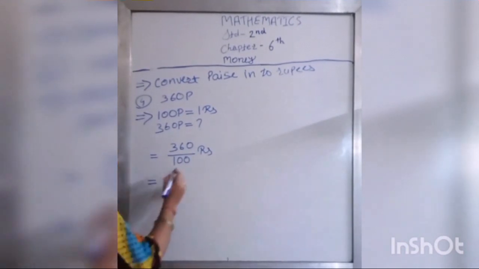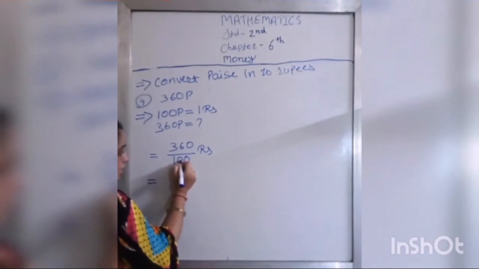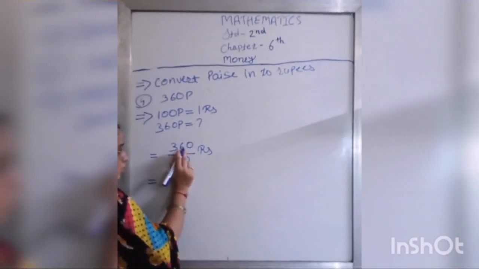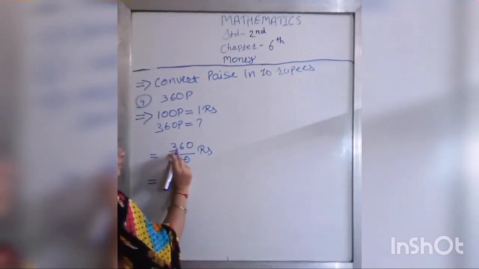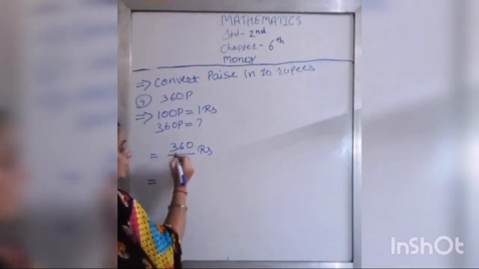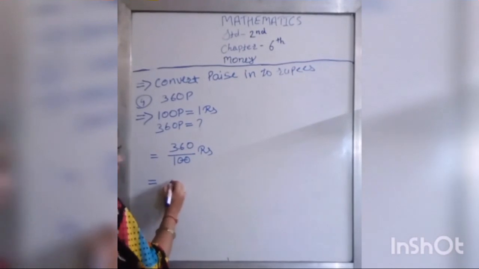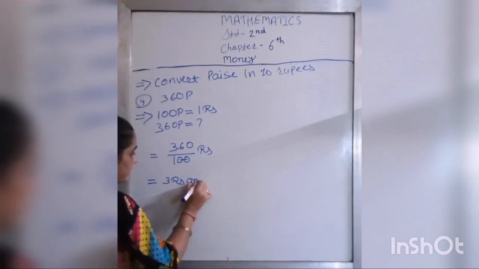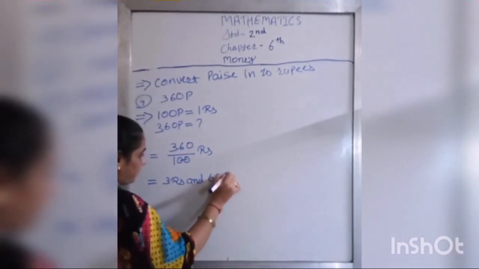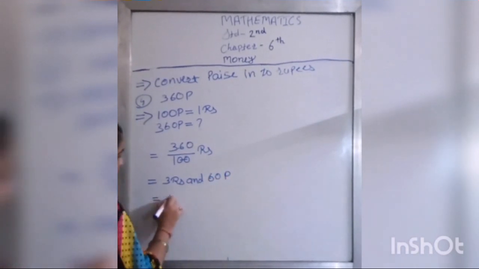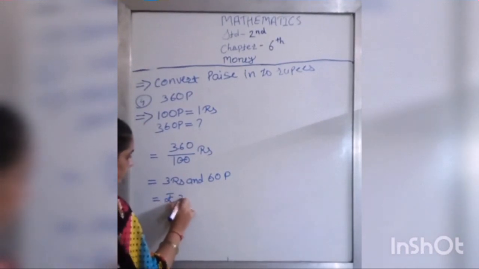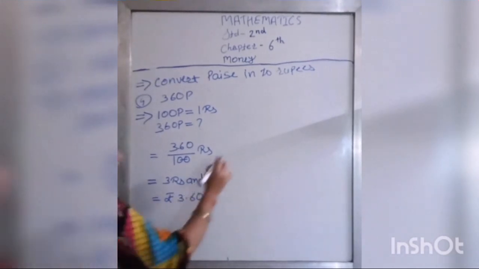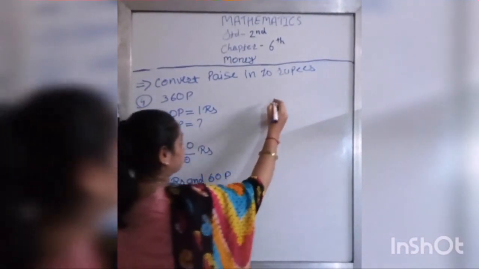Now see, in 100 how many zeros are there? 2 zeros. We will move 2 places towards the left side and put a dot here. So it will become 3 rupees and 60 paise, or we can write rupees 3.60. Understood?